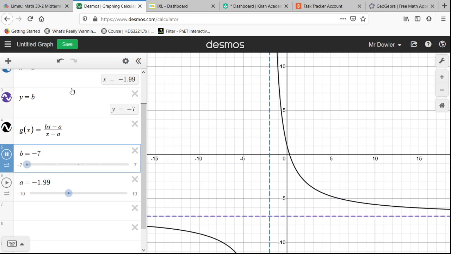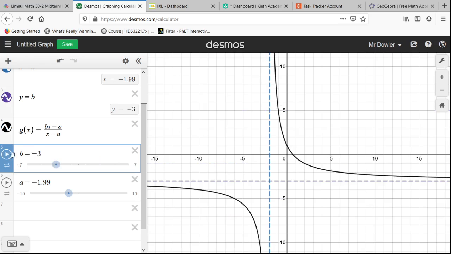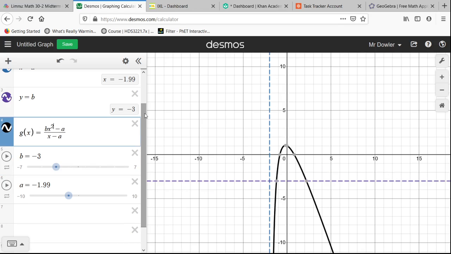Okay. So what happens when the degree of our numerator is greater than the degree of our denominator? What happens to our horizontal asymptote? You're right. If the degree of the numerator is greater, we have no asymptote, because then, right, our leading coefficients are like bx over x.